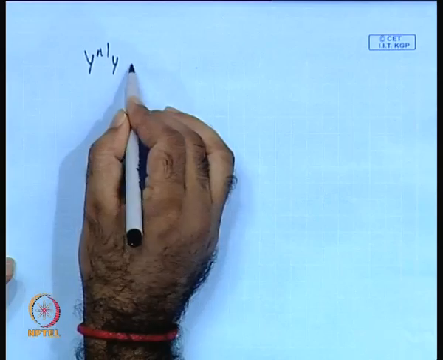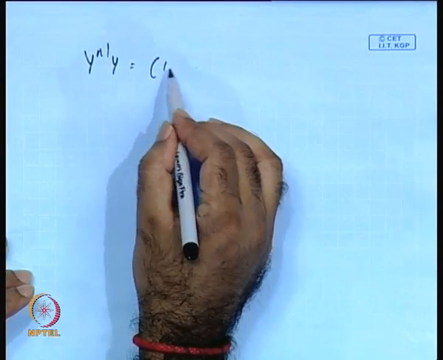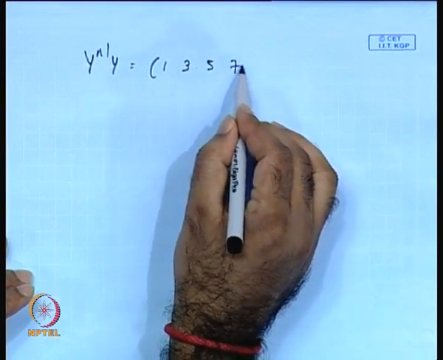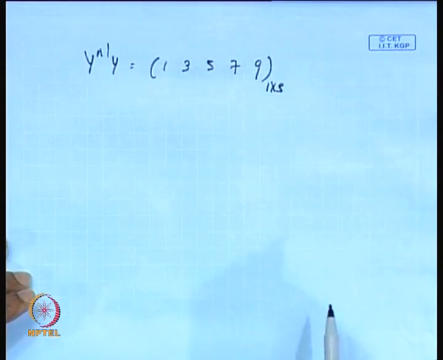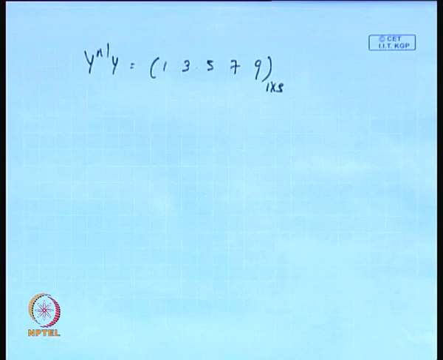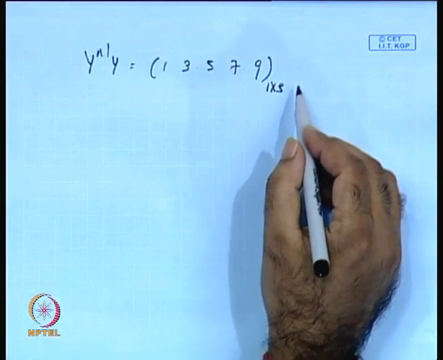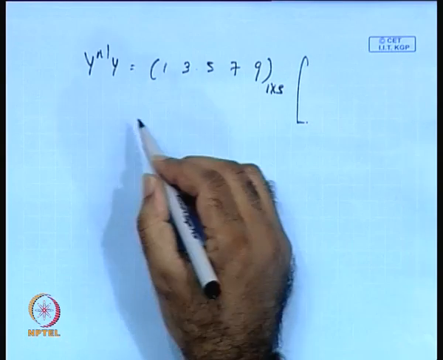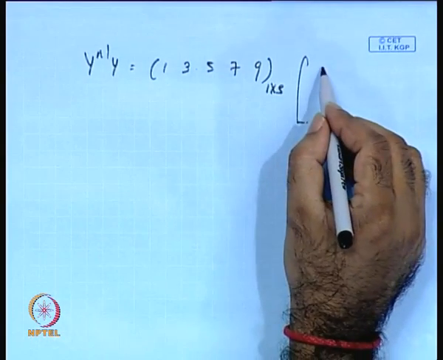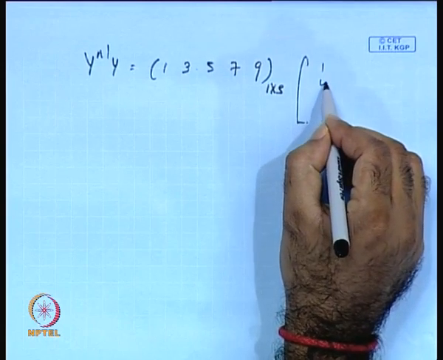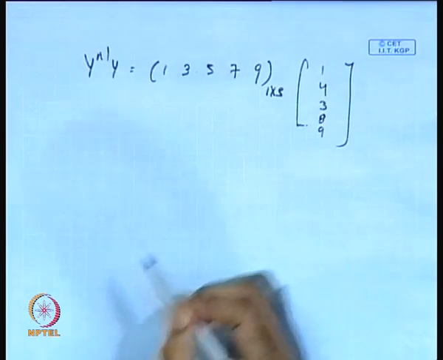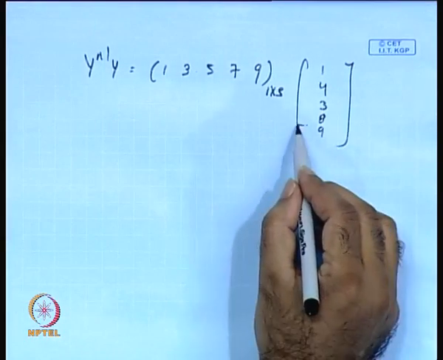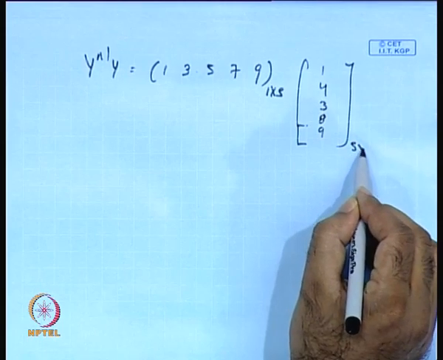So now y head transpose y is nothing but 1 3 5 7 9, which is of order 1 into 5, multiplied by y. What is y here? y is 1 4 3 8 9, which is of order 5 into 1.